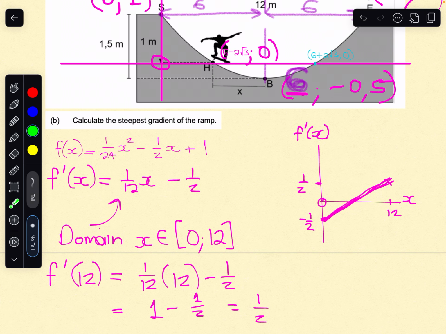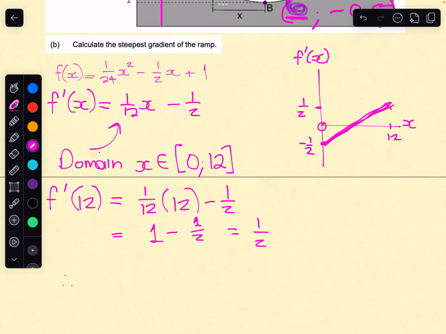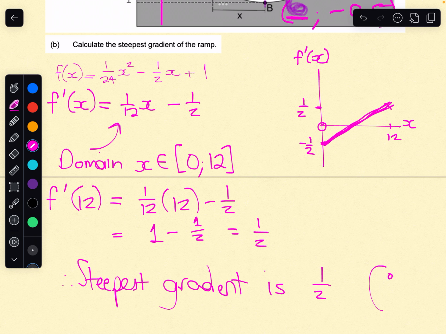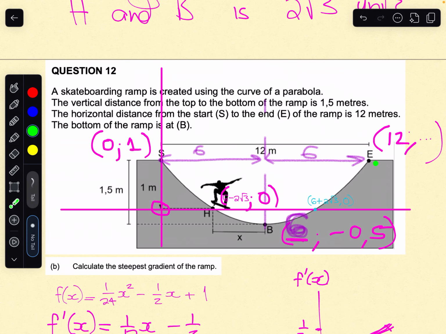This is as high as the gradient is going to get. So the steepest gradient is a half, and it occurs when x is equal to 12, in other words, at the end of the ramp over here, which kind of makes sense.